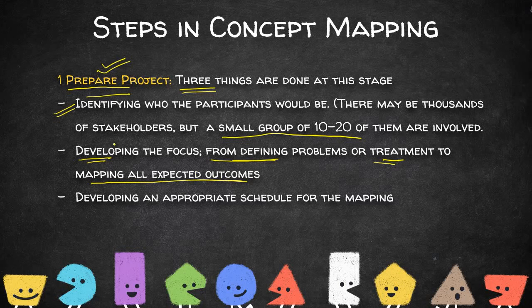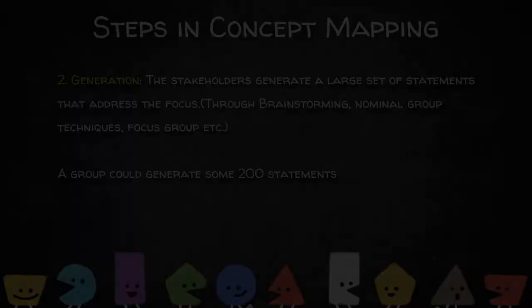So stakeholders and their ideas are based on some kind of focus, and finally they develop an appropriate schedule for the mapping. The schedule has to do with sequencing and importance, what will come first, what will come subsequently, and all. So this is the first step, that is to do with preparing the project.